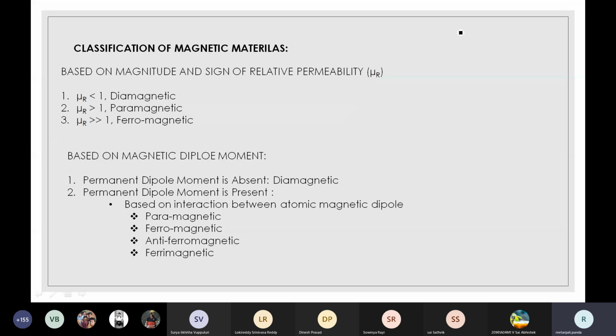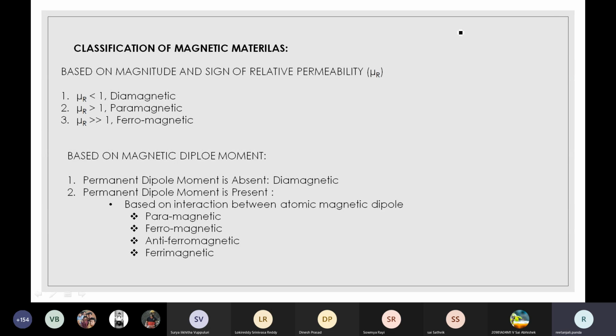That means the dipole moment acts opposite to the induced magnetic induction or magnetic field intensity, or the force due to the external magnetic field. Opposite to that, the electrons present in the material generate a magnetic intensity which cancels out with each other, and there will be no magnetic effect. That is your diamagnetic material.